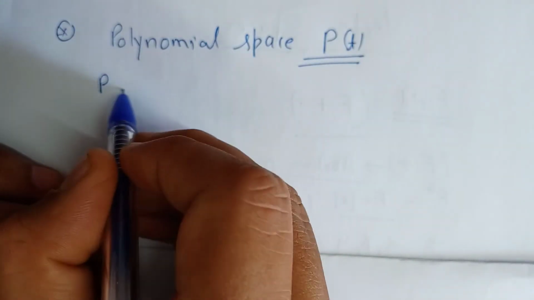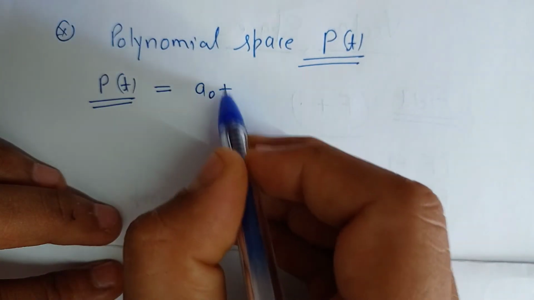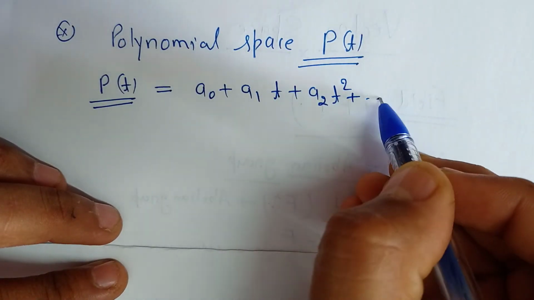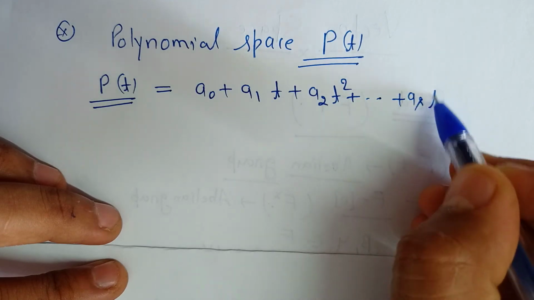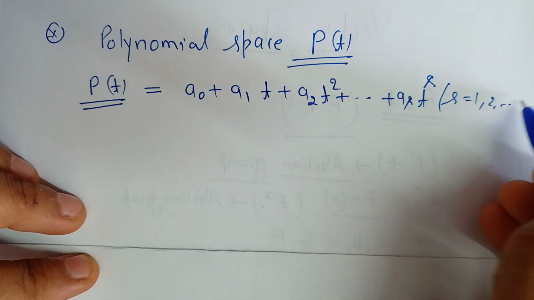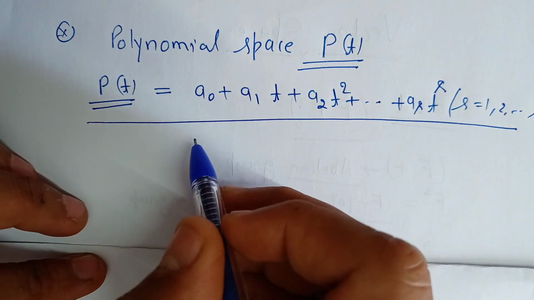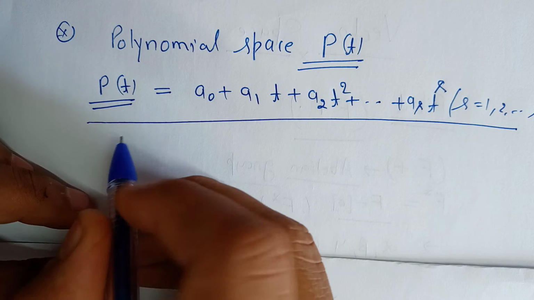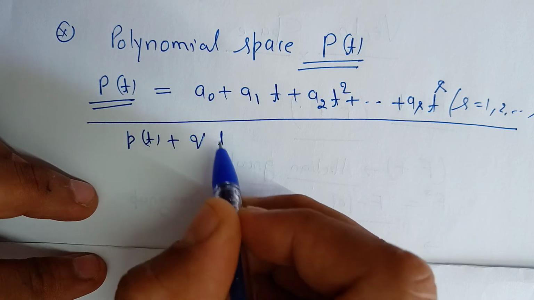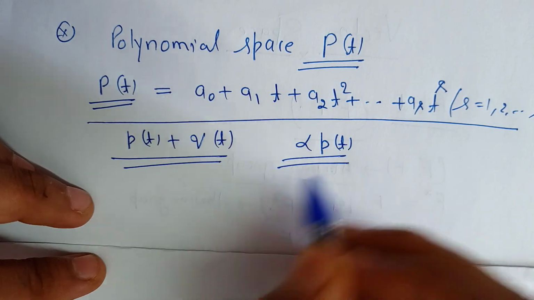So P(t) denotes the set of all polynomials, and we can write p(t) equal to a0 plus a1t plus a2t square plus up to as t power s, where s equals 1, 2, 3, and so on. The set of all polynomials forms a vector space under vector addition, p(t) plus q(t), and scalar multiplication, alpha into p(t).